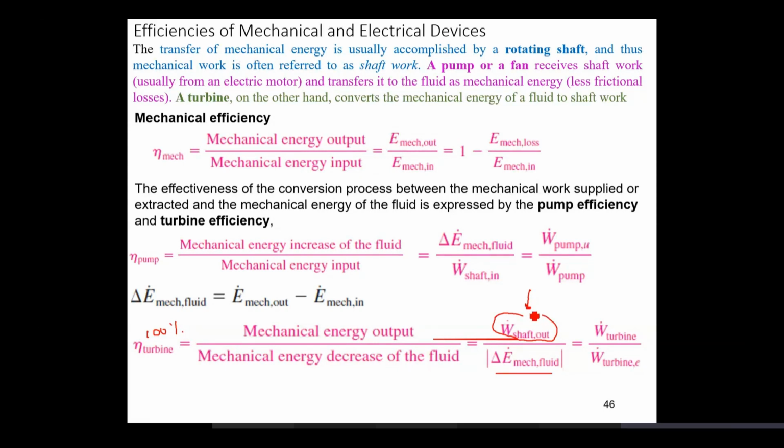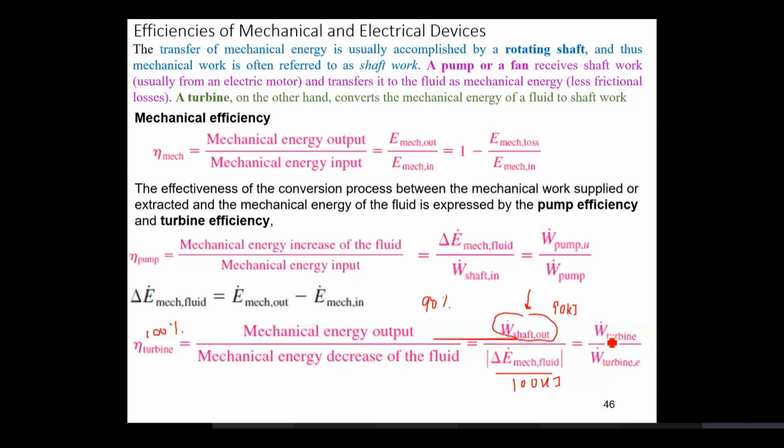Yes sir. But in case it is not ideal, it's a 90% efficiency turbine. Let's say the energy extracted from the fluid is 100 kilojoules. The energy transferred to the shaft would be what? 90 kilojoules. Clear? Yes sir.